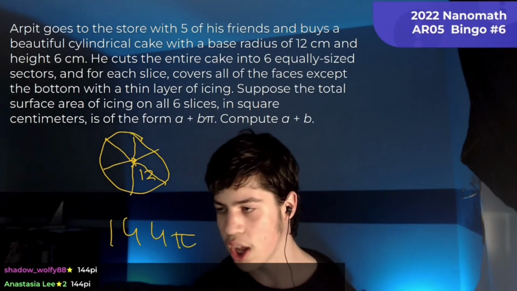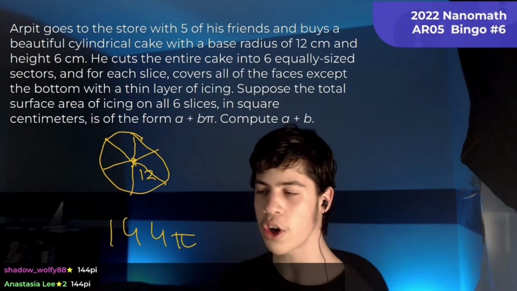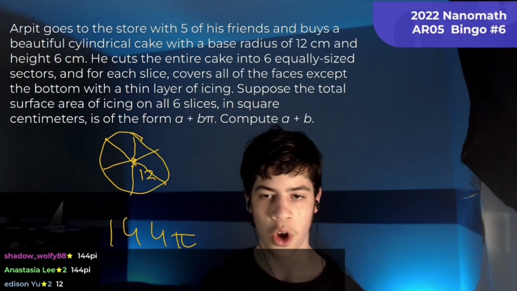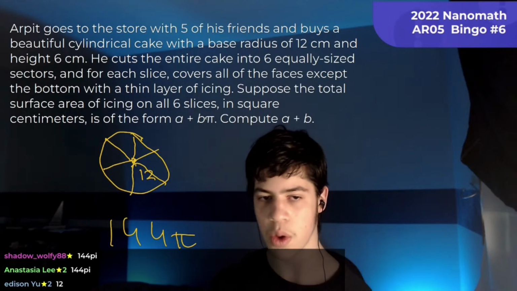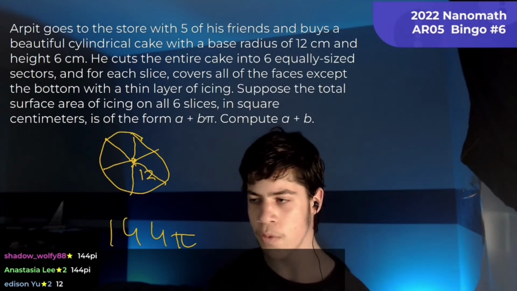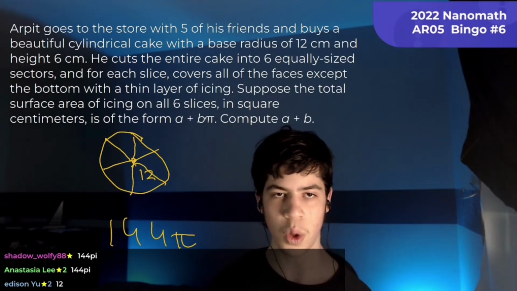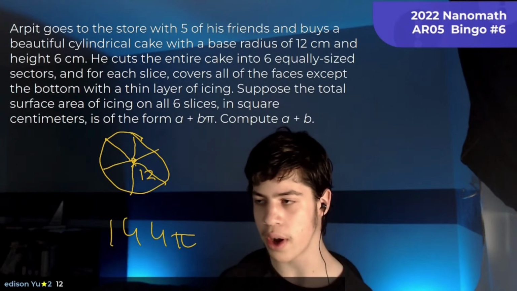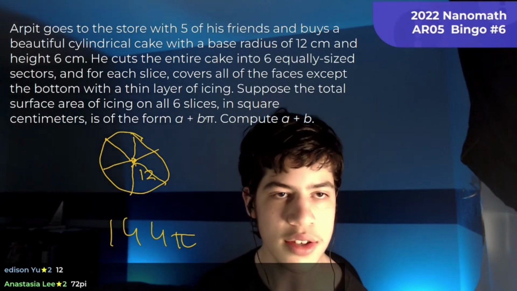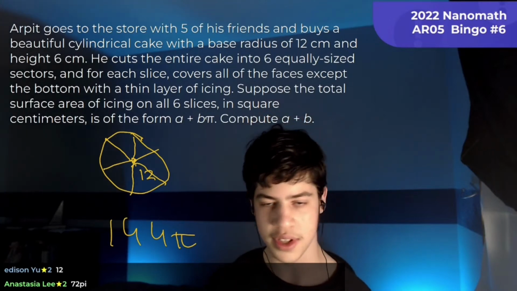Now, let's find all of the lateral faces, so all the curved faces. They would be sort of like the lateral face of the cylinder. What would that be? Well, the circumference is going to be 24 pi, and then the height is 6, right? So exactly, 24 pi times 6.